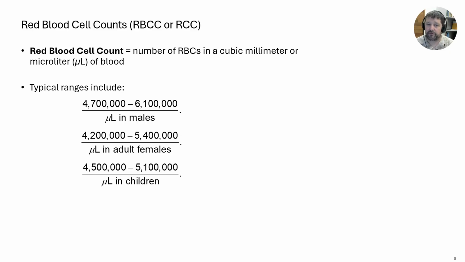Okay, and children like 4.5 to 5, something like that. It just depends. Again, this is dependent on the individual a great deal, but even more so, it's dependent on where the individual lives. So if you want to increase these numbers and be at the top end, so maybe you're down here because you live in Western Washington and you want your numbers way up here, just move to a higher elevation.